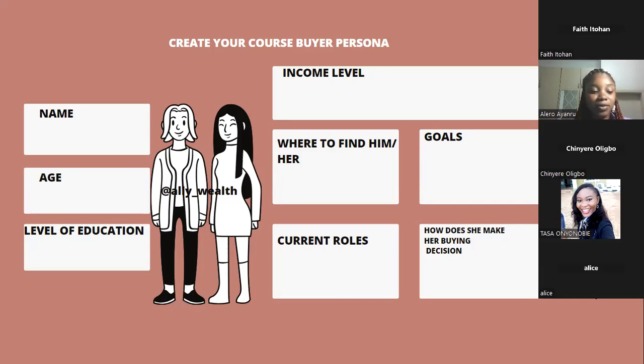So I gave 3 examples of 3 fashion designers. Maybe one sells clothes for young ladies, rich ladies, rich auntie vibes kind of people. Then one does luxury clothes, luxury dinner wears and all of that. And then the other one does bridal wears. So those 3 people, yes, they are tailors, yes, they are fashion designers, but they don't have the same target audience.